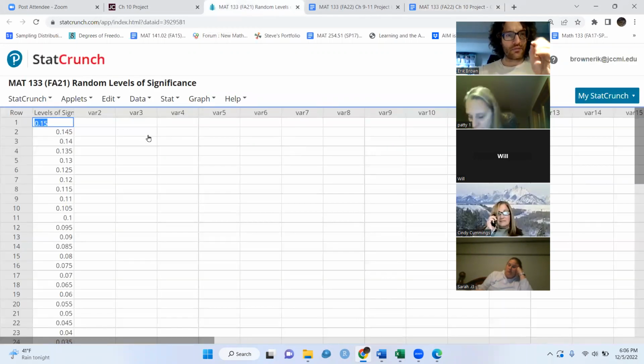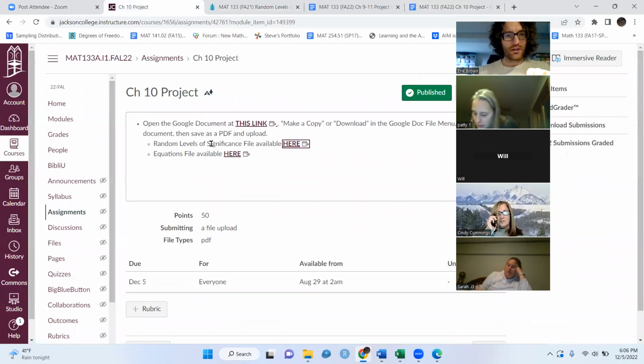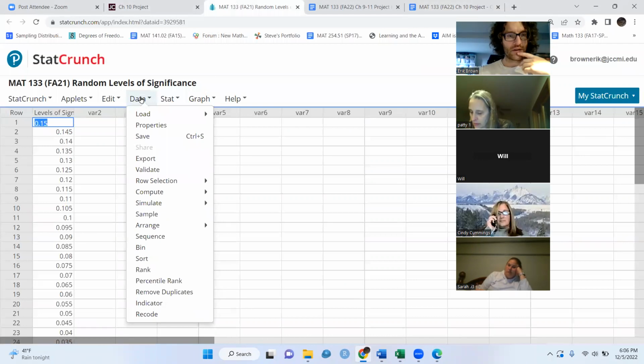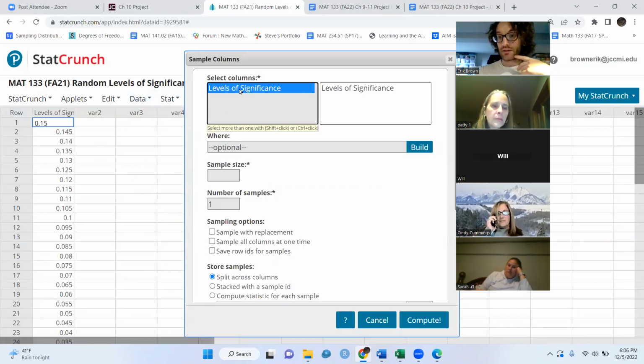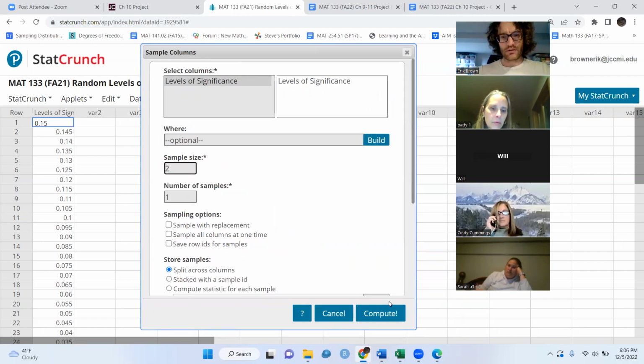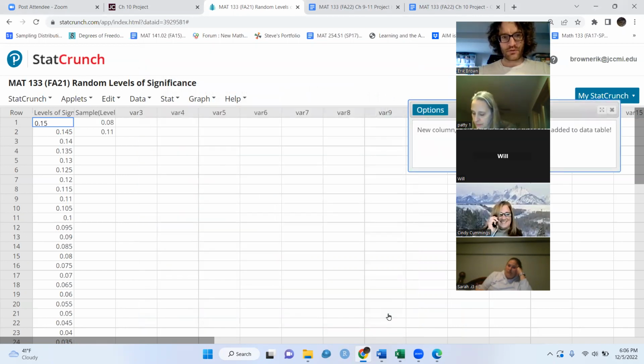So we're getting the random level of significance. We opened this link that opens this column of data, and we're going to data and sample. We select the level of significance to tell StatCrunch, here's the data set. You need two alphas, so you could just do two samples here and get both of them at once. And then do your compute.